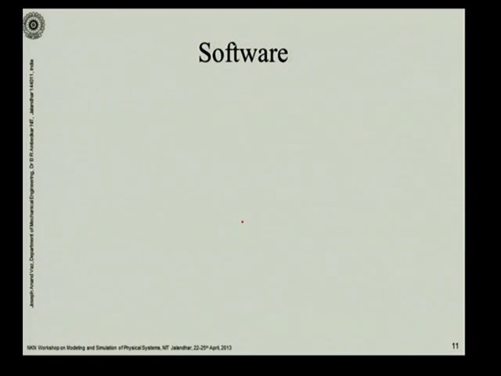And there are several software available in order to handle bond graph. One of them is CAMG. The most popular software perhaps is 20Sim, which is by the 20 University in Netherlands.